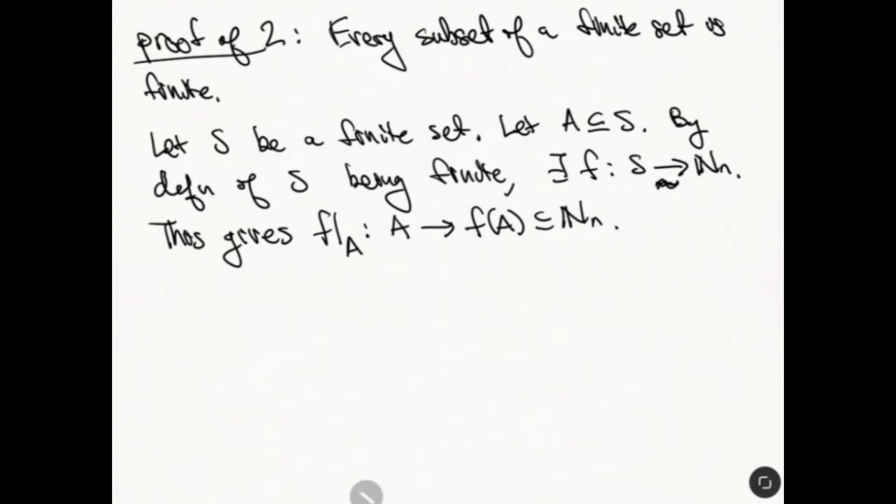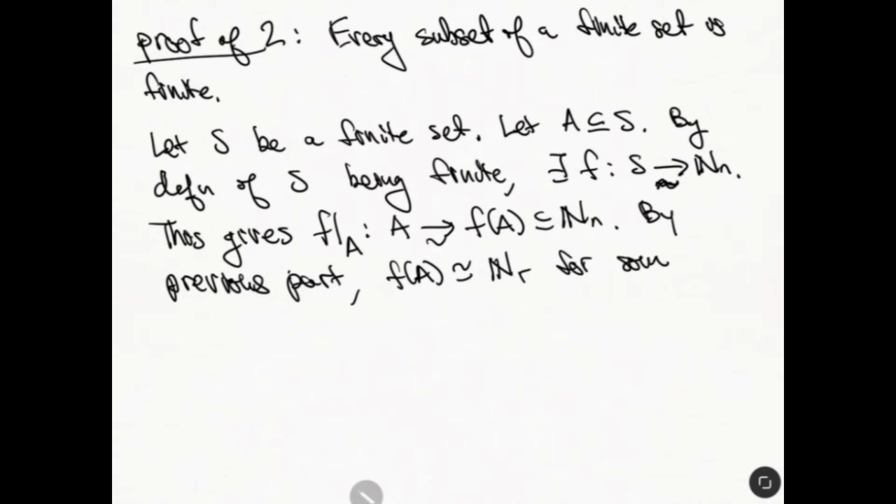So this is a bijection onto its image, and by the previous part, f(A) is isomorphic to N_r for some r less than or equal to n.